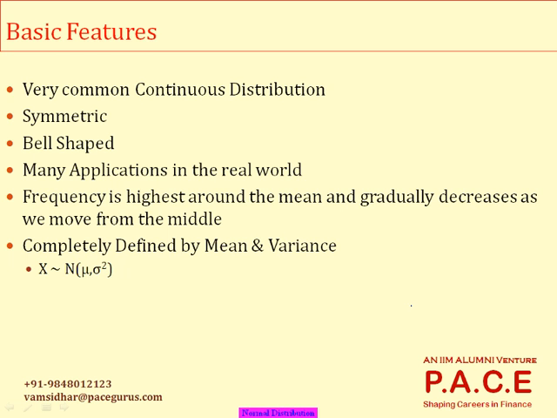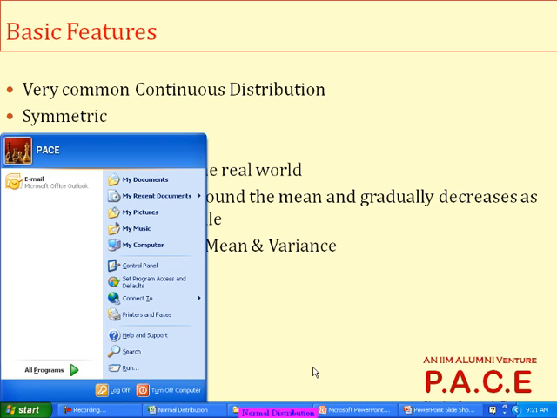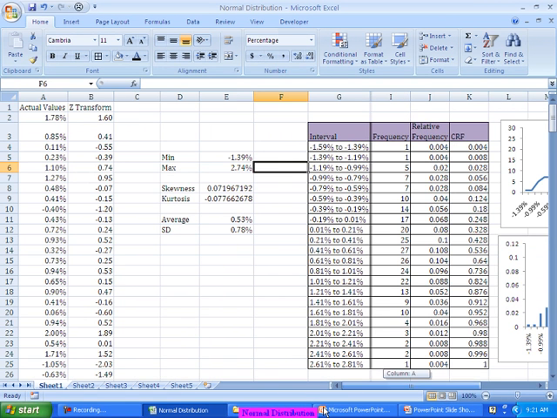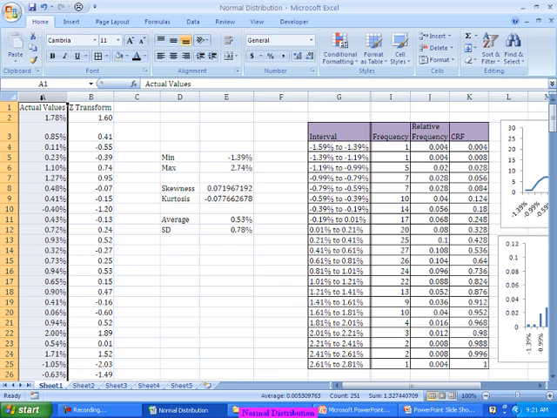Why do you think most of our real world data follows a normal distribution? There is a reason behind it. We'll get into it. Just to explain the concept much better, I have taken one data. Observe this data.